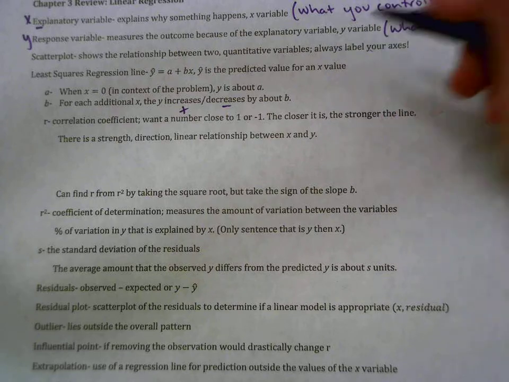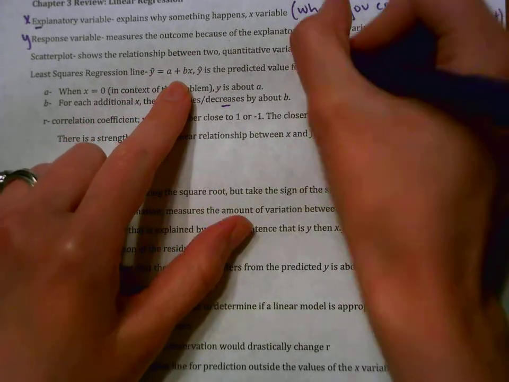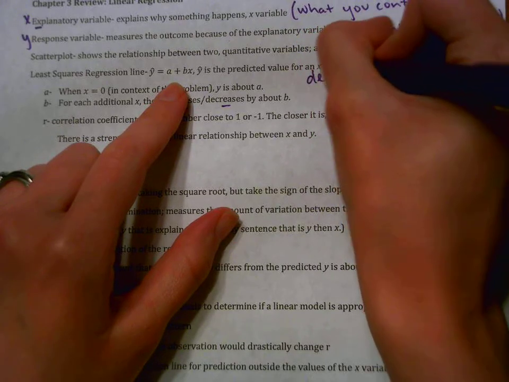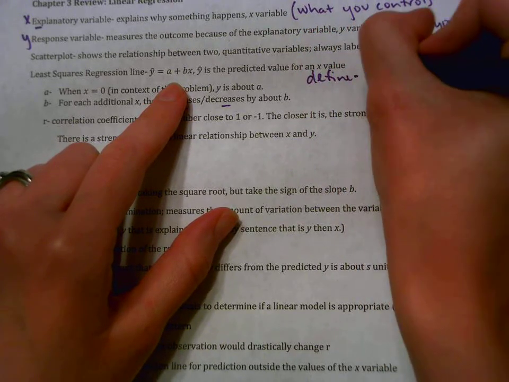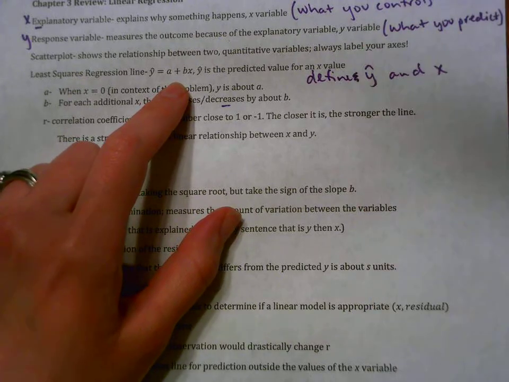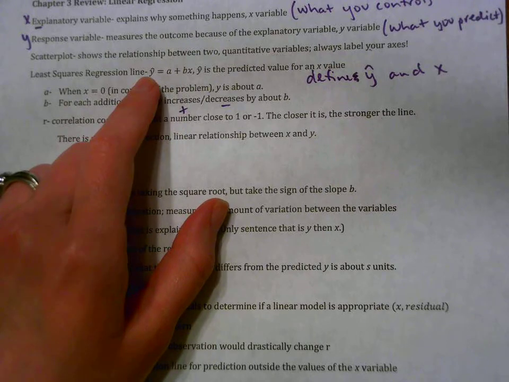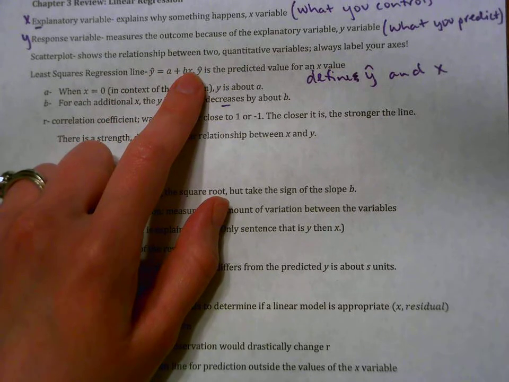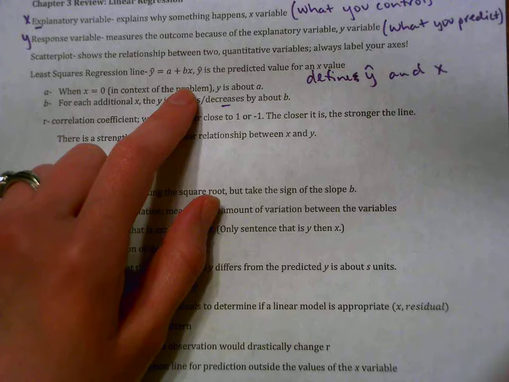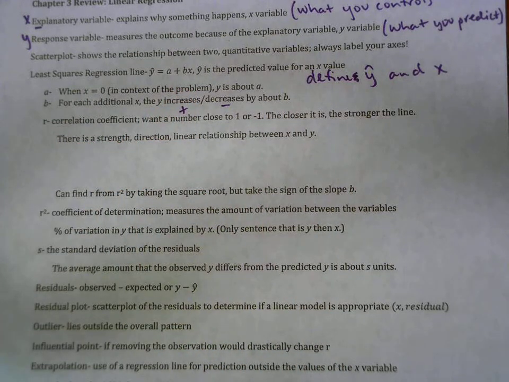And speaking of context, when you write your least squares regression line down, you need to make sure you define y hat and x. You need to say what your response variable and your explanatory variable are. X is height, y hat is predicted weight, or whatever it is for that problem, where you write it out in words.